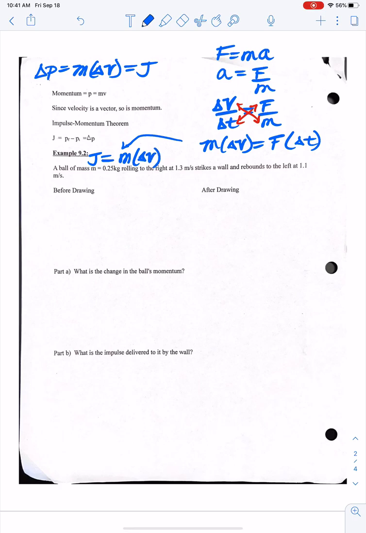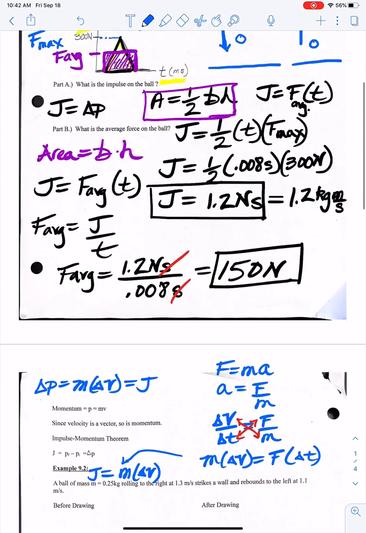And that's what we used there a second ago, I believe.